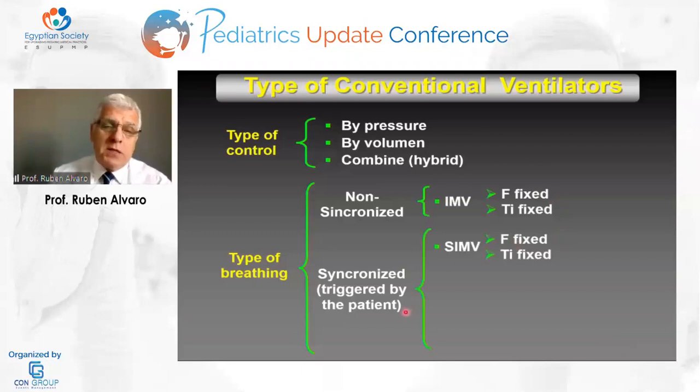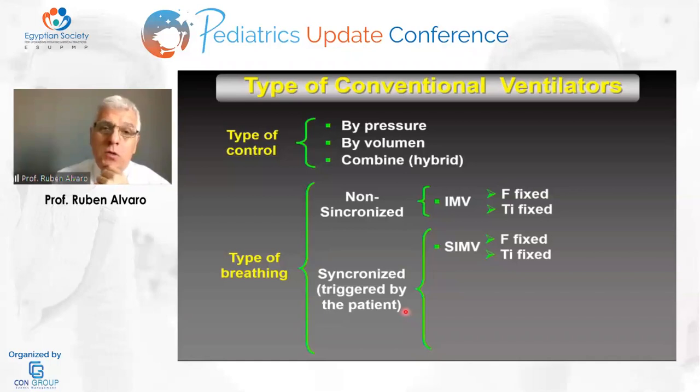Now, the synchronized, triggered by the patient, are new machines that actually detect small changes in pressure or flow, depending on what you're using, at the level of the endotracheal tube. And the ventilator will try to deliver that breath in coordination with the baby's own respiratory efforts. There is a big advantage to that.